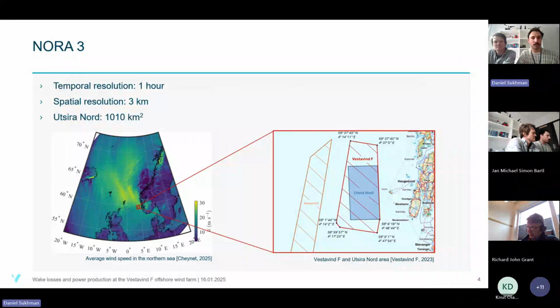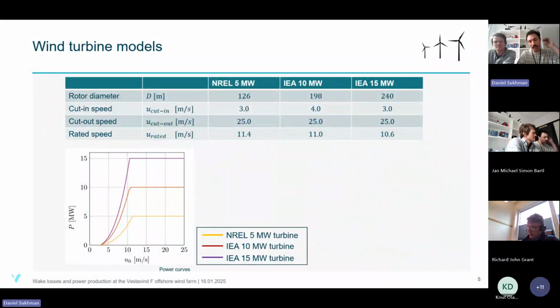That being said, the turbines we decided to put in this Utsira Nord area are 3 reference turbines: the NREL 5 megawatt turbine, the IEA 10 megawatt, and the IEA 15 megawatt, which are all respective reference turbines, not real turbines, but turbines used within research, and they are representative for their turbine class.